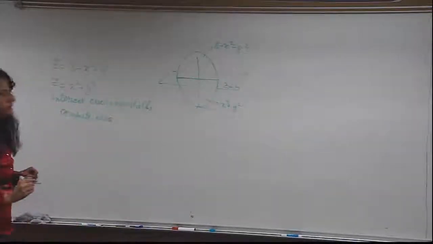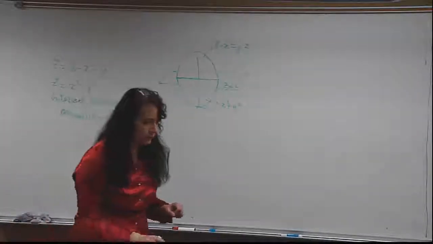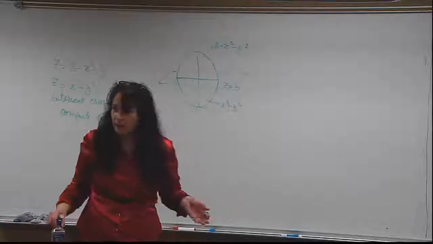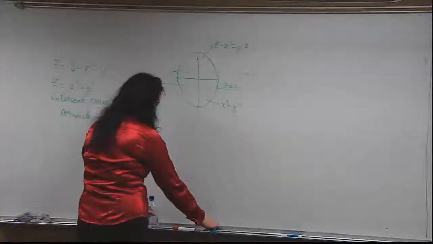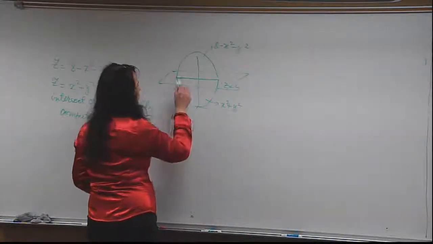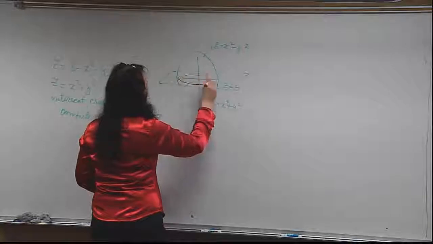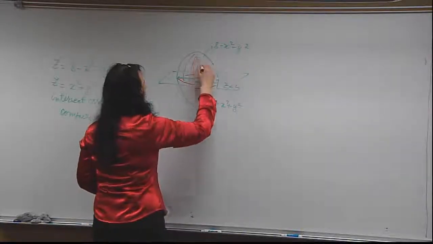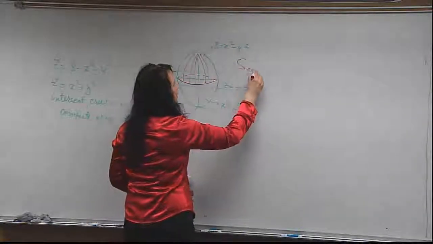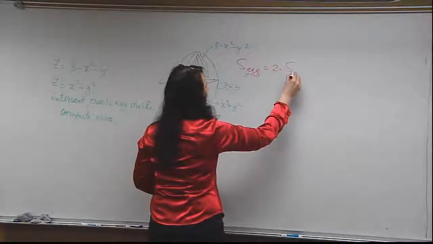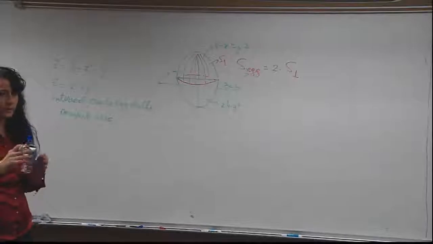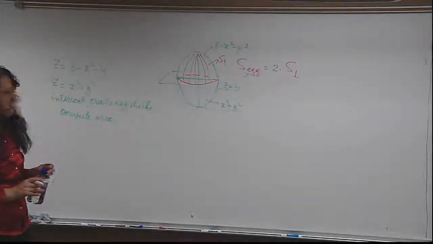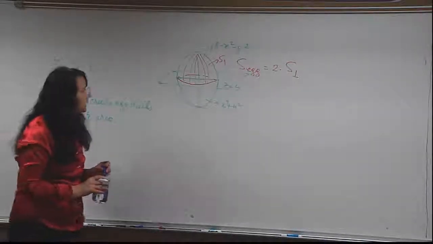How do we compute, just like Matthew observed, hey, for the volume, I only need half of the egg, multiplied by the 2. The same thing, I'm going to take one of the two shells, this one, and the surface of the egg will be twice the surface S1. All I have to compute is S1, right? It shouldn't be a big problem. What do I need for that S1?